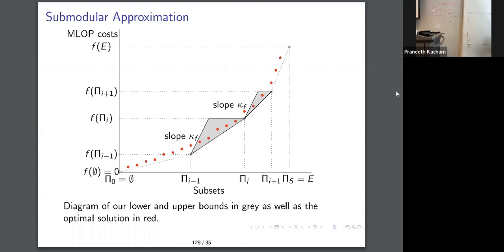But what we can show is that the cost will not go above that triangle that we see here. And then we can sandwich the cost of the solution with the lower bound and upper bound and give the parameterized solution.